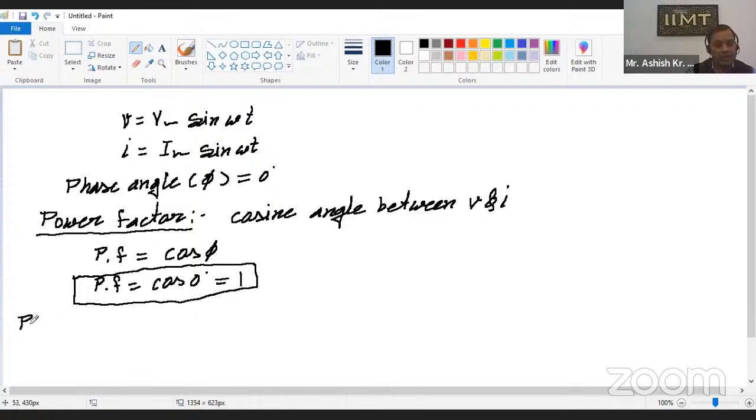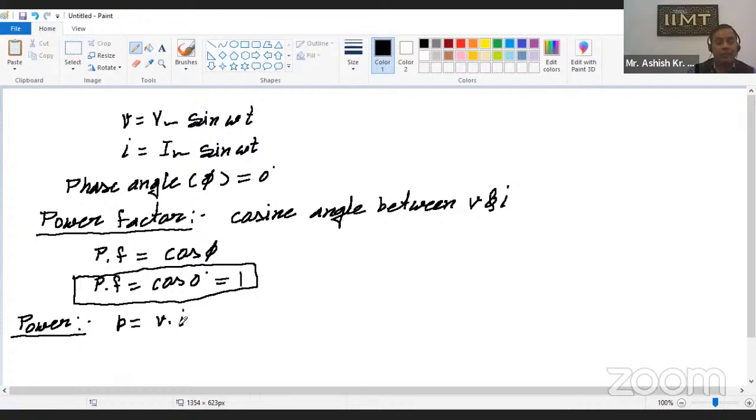After calculating the power factor, we have to analyze what amount of power the purely resistive element takes from the AC supply. As we know, the formula for power is V into I. So the instantaneous power taken by the purely resistive circuit is given by instantaneous voltage v into instantaneous current i.